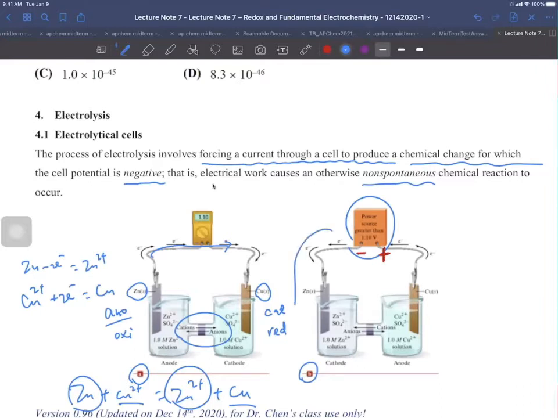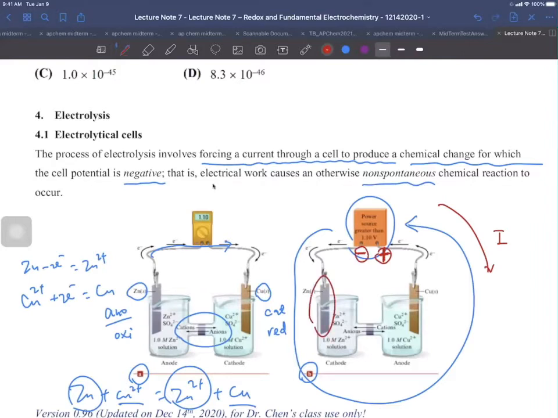Electrons move from this side back to the positive side, which means the current will be the opposite, from the positive side to the negative side, right? So here, the zinc side gains the electrons. So what kind of reaction can occur here? We need to have something to gain the electrons, right?